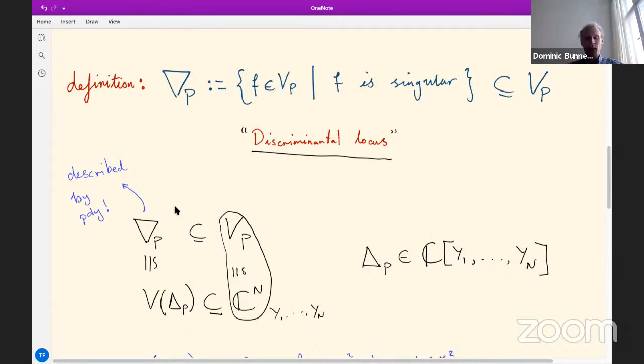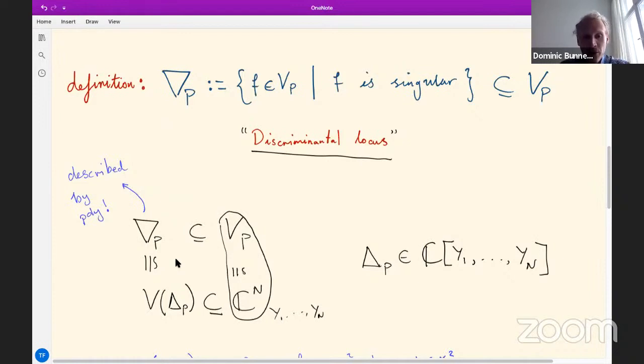For the standard simplex this is very well known, and it's very old mathematics. For non-standard simplices it's not very well known. But this locus can be described by a polynomial in y_1 to y_n. For the standard simplices this is the discriminant, and it was found 150 years ago or so.